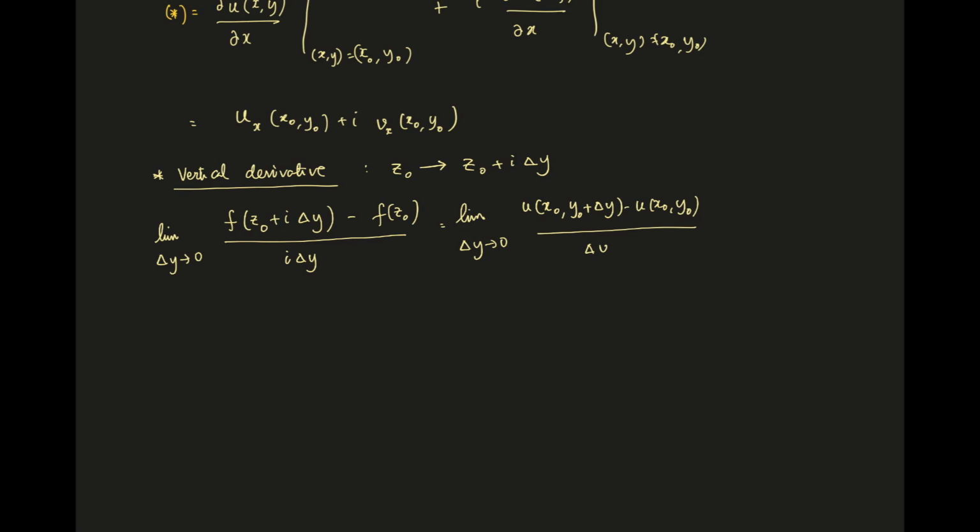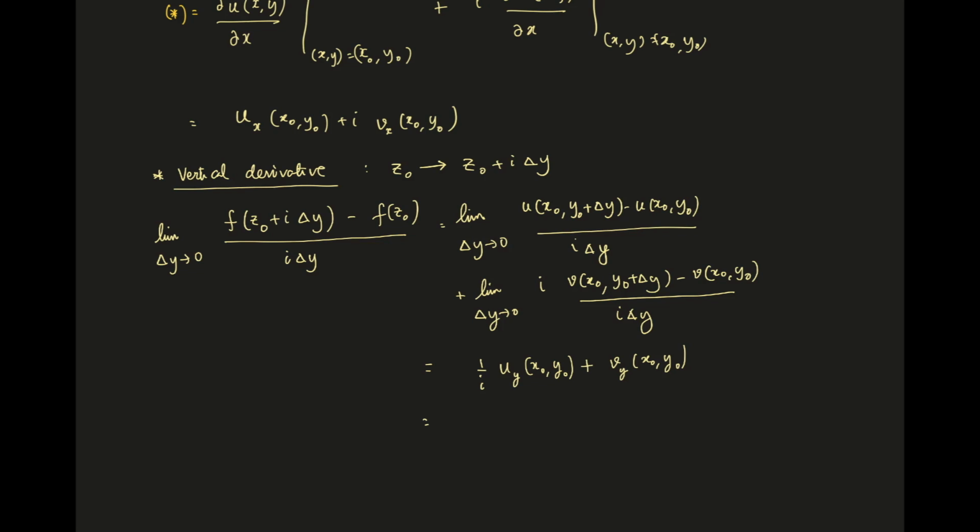In a similar way, we can write this in terms of the rate of change of the function u plus iota times the rate of change of the function v when we go from x naught, y naught to x naught, y naught plus delta y, and this can further be expressed in terms of the partial derivatives as 1 over iota uy of x naught, y naught plus vy of x naught, y naught, and 1 over iota is simply minus iota, so you get minus iota uy at x naught, y naught plus vy at x naught, y naught.